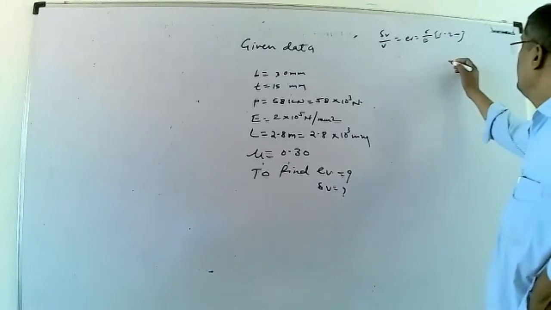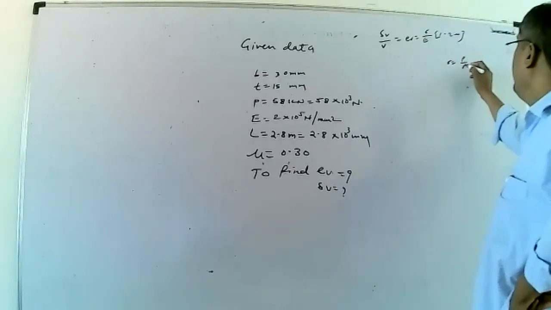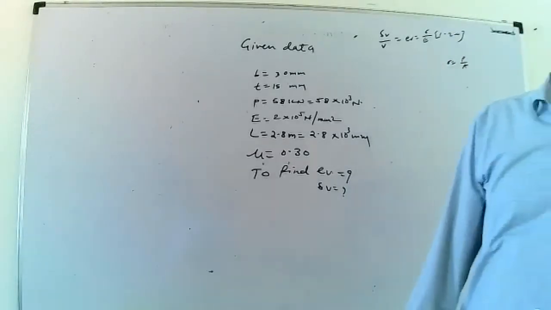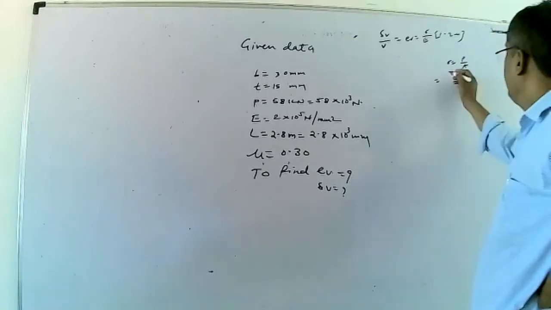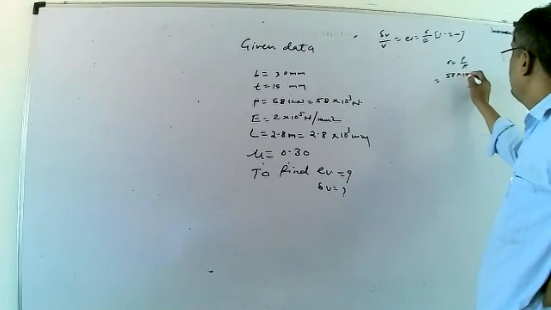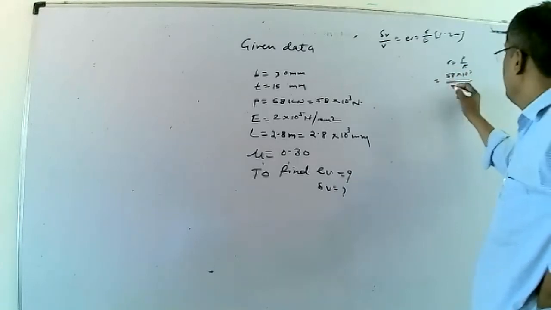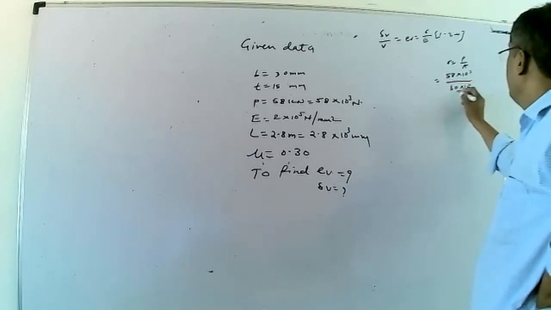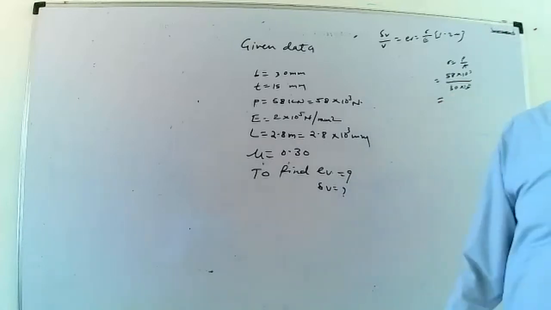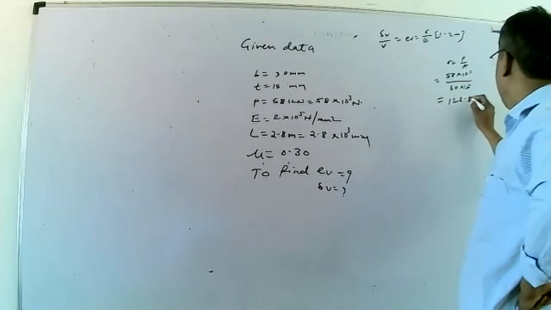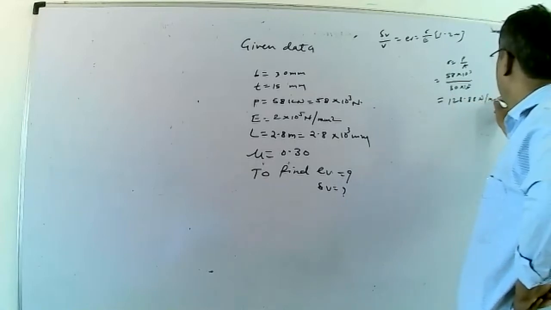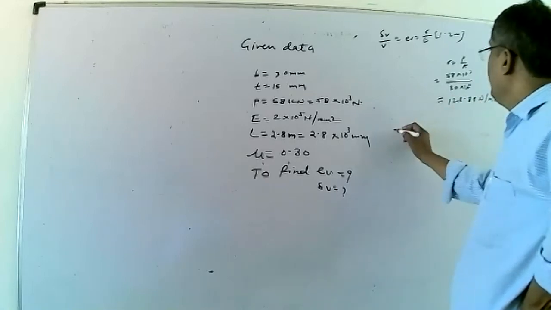First we calculate sigma, P upon A. What is the formula of sigma? That is stress, 58 into 10 raised to 3 upon 30 by 50. We get sigma. That value will be 128.88 Newton per square mm.